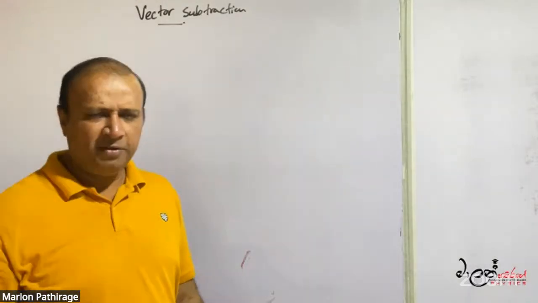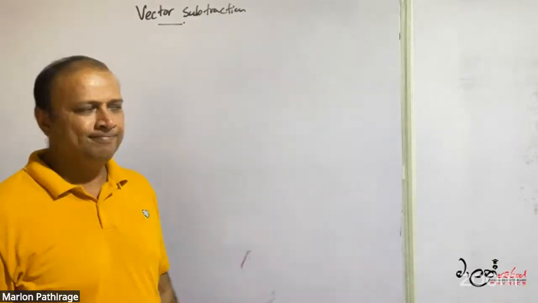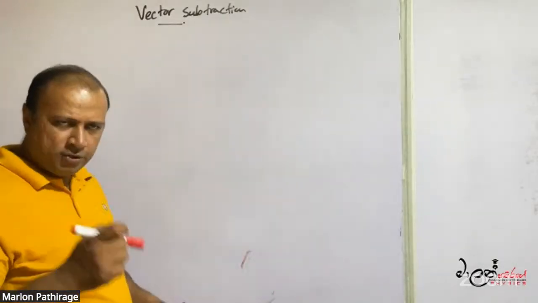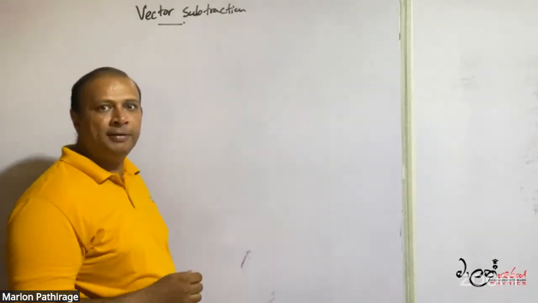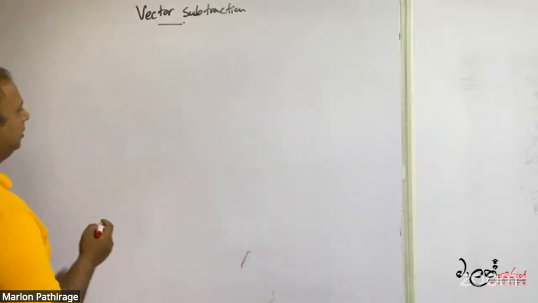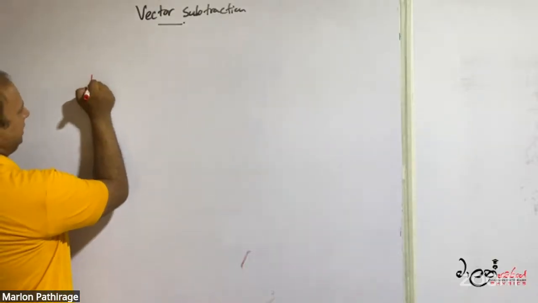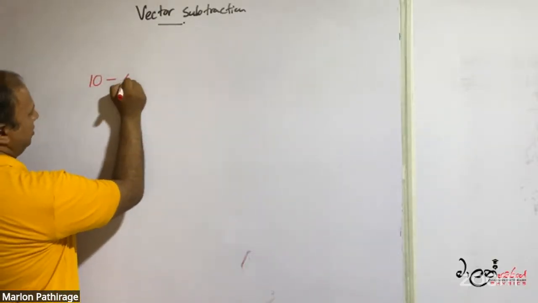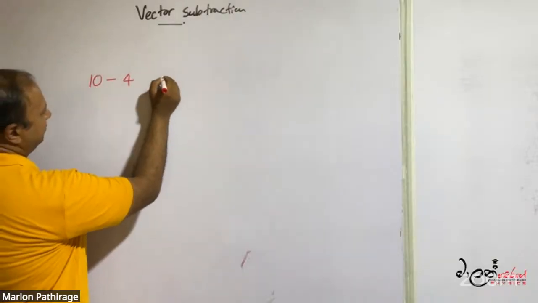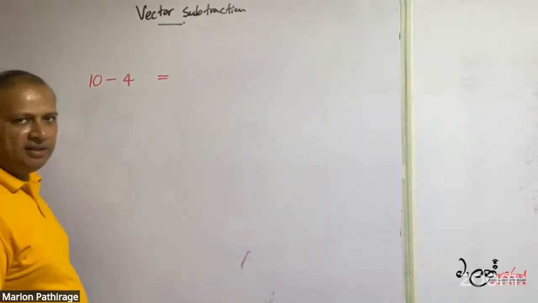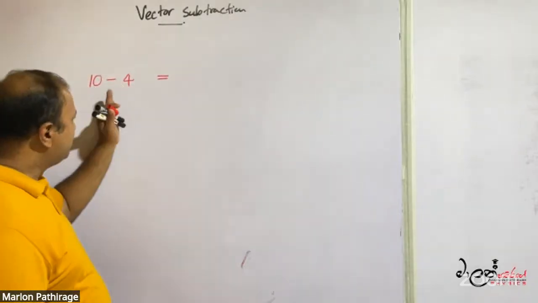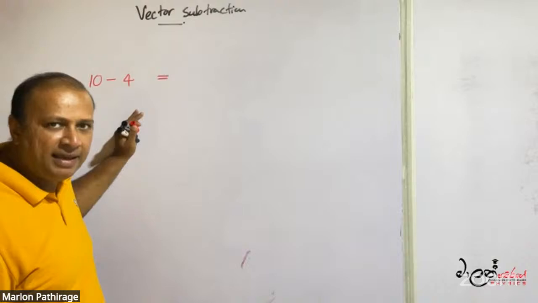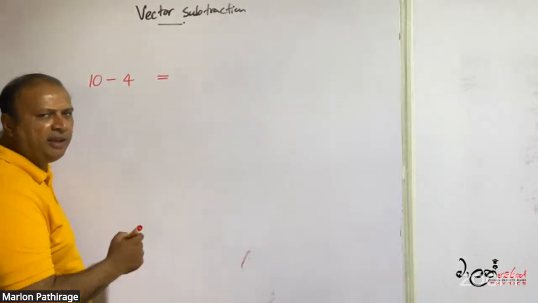Look at this one, everyone. Please look at the board. Suppose you are given this kind of number: 10 minus 4. You can write this subtraction as an addition. How to write it as an addition?